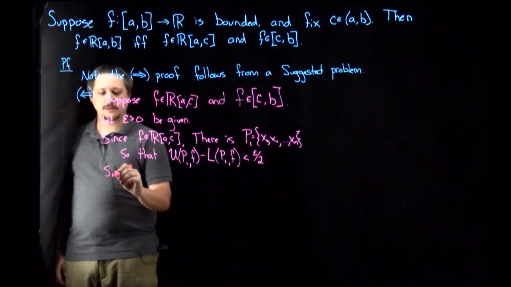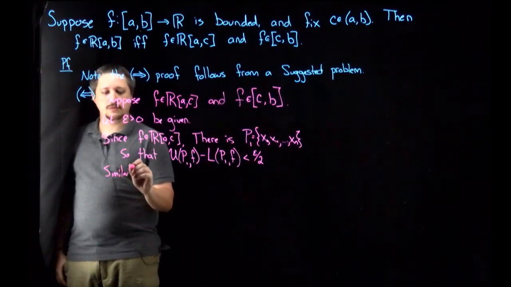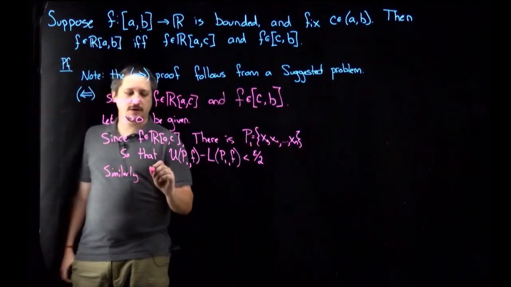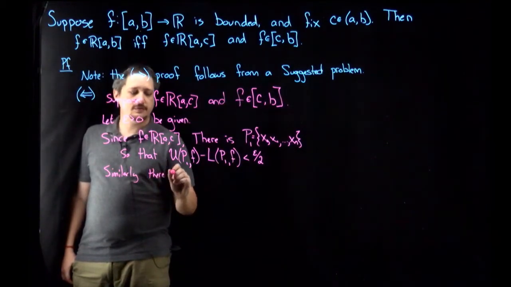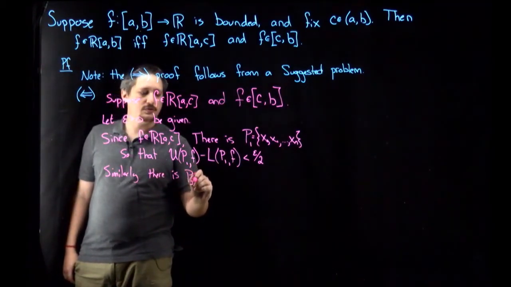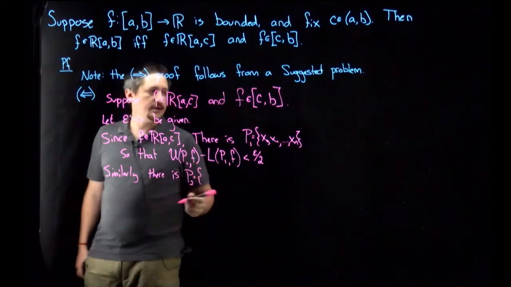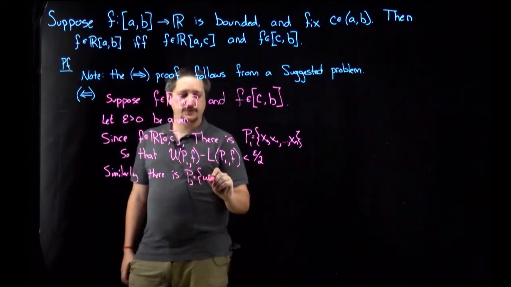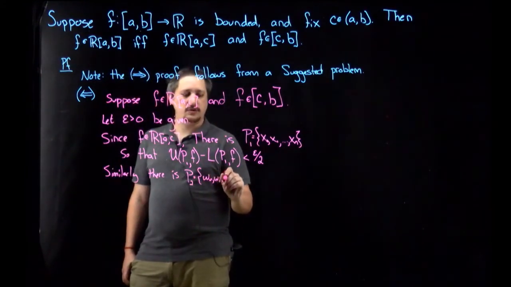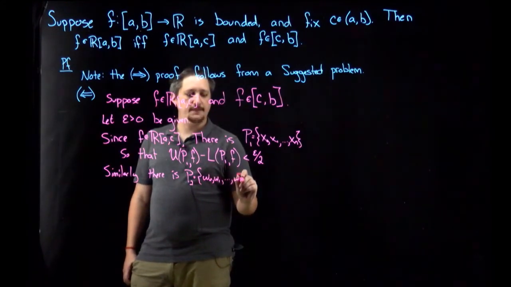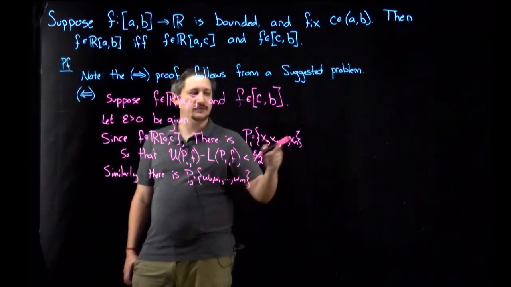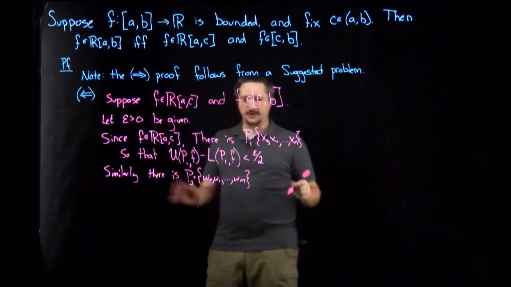Similarly, there is a P2, which is, let's call it W0, W1, up to Wm. I don't know that they have the same number of elements, although I could force it, but I'm not going to.